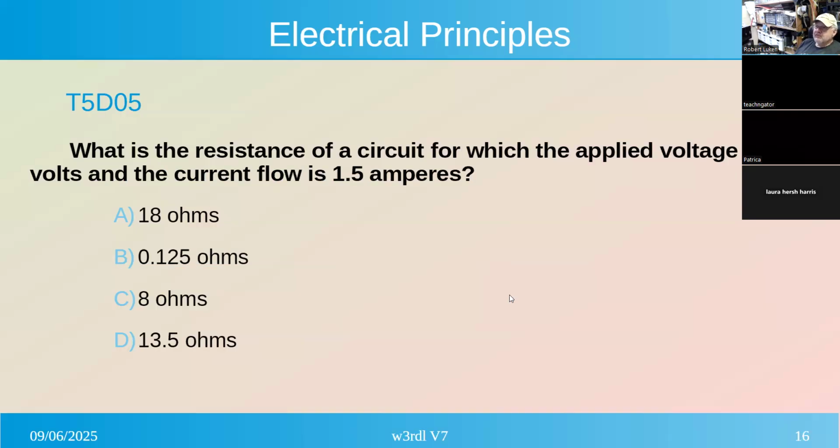What's the resistance of a circuit for which the applied voltage is 12 volts and the current flow is 1.5 amperes? Okay, you're gonna make me use a calculator. You can estimate it in your head.